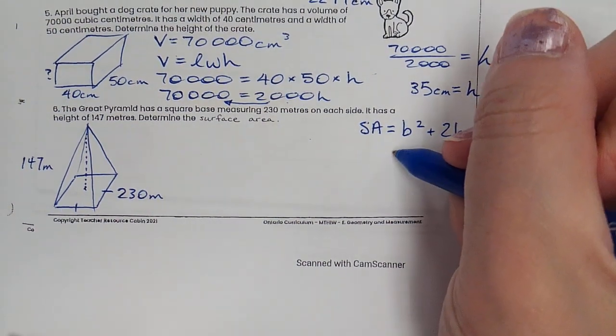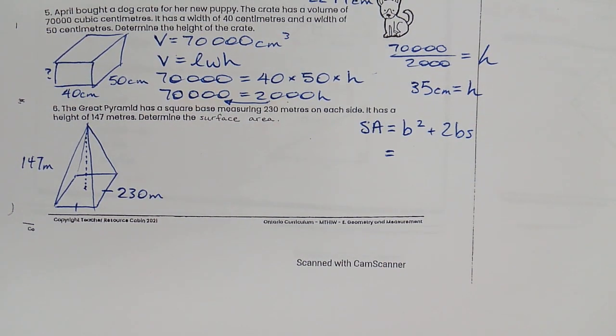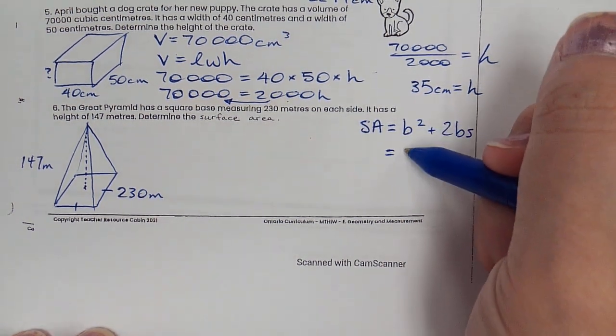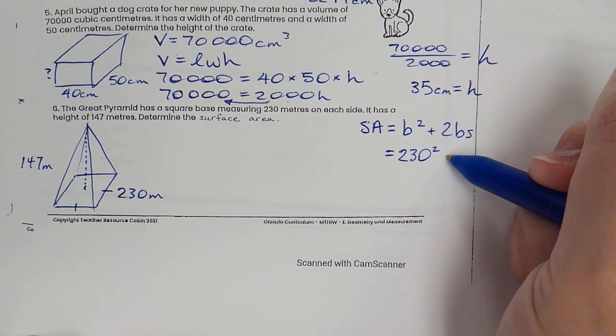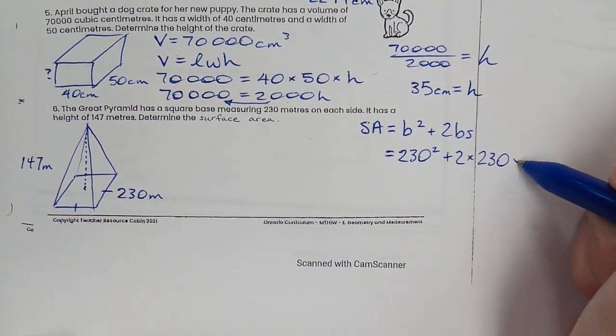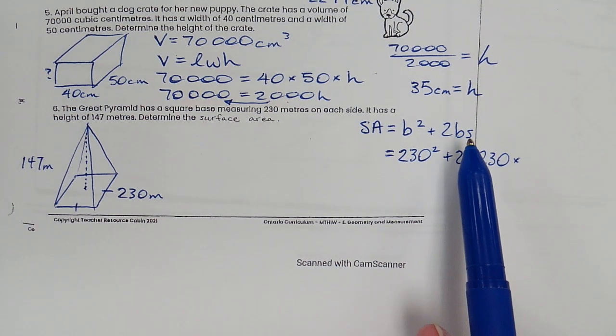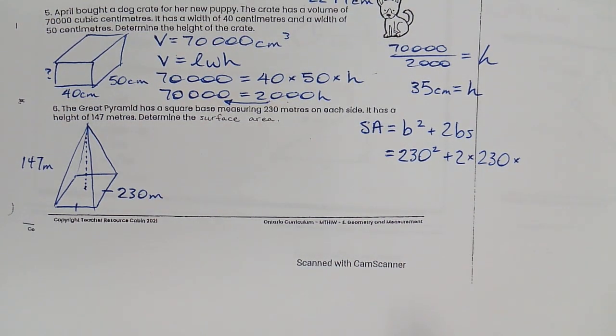Okay. The base. How wide is the base? 230. 2 times 230 times, what's the slanted height? The length of the slanted height. No, that's the height.